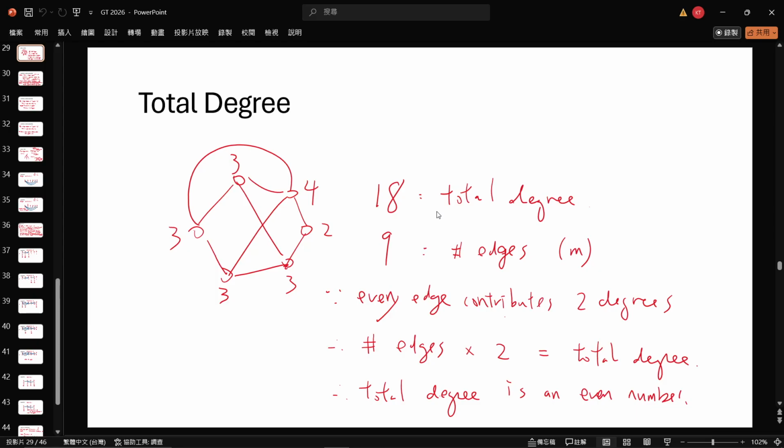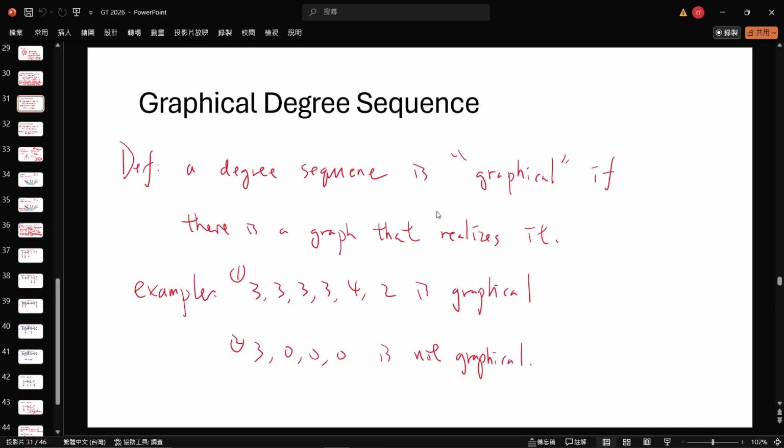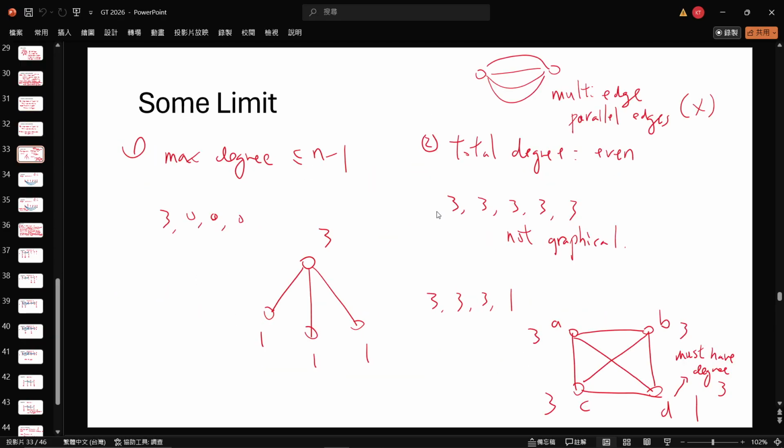So the total degree must be even. This can be used as a simple sanity check to determine whether a degree sequence is not graphical.